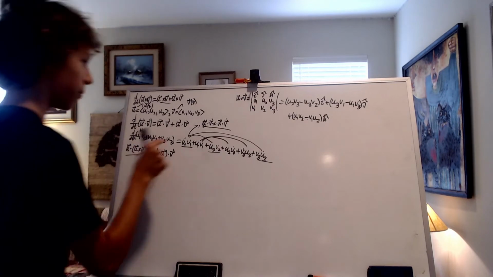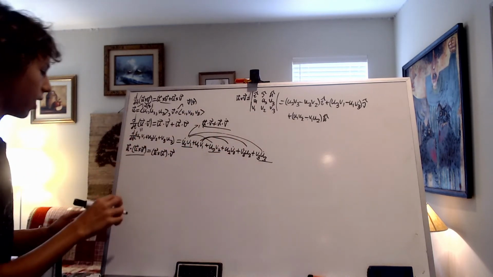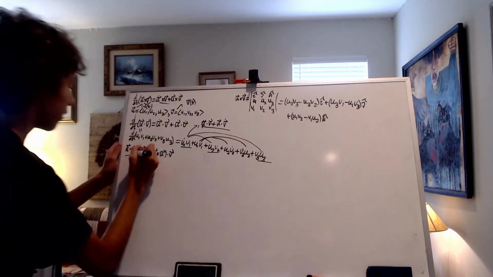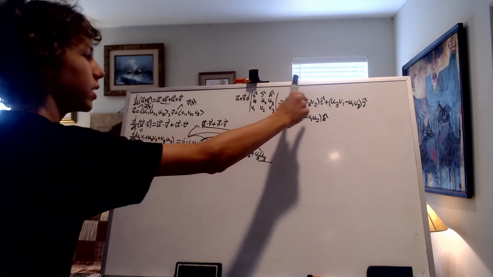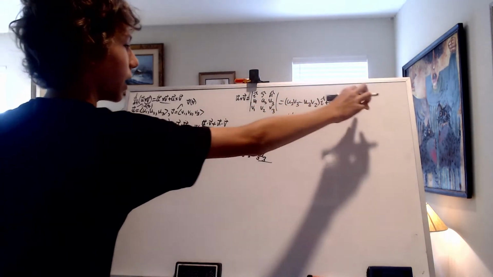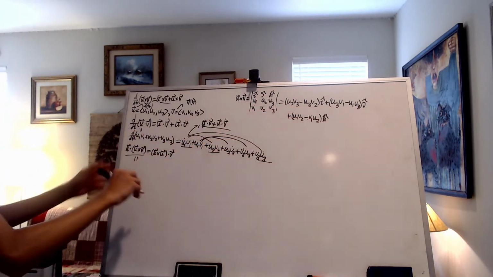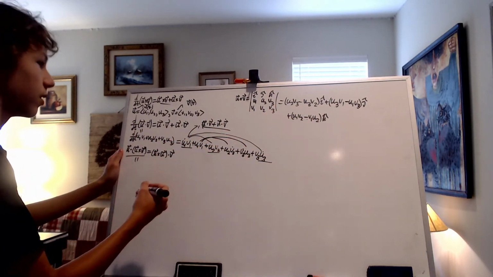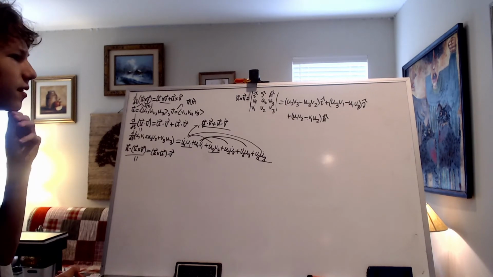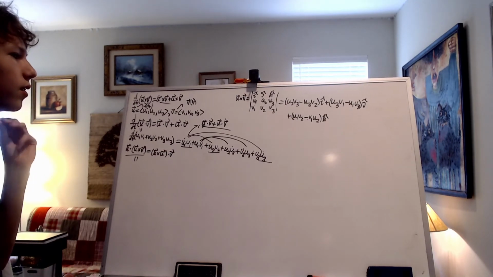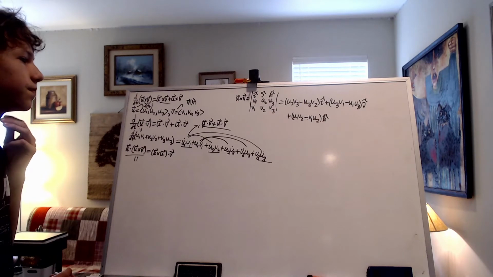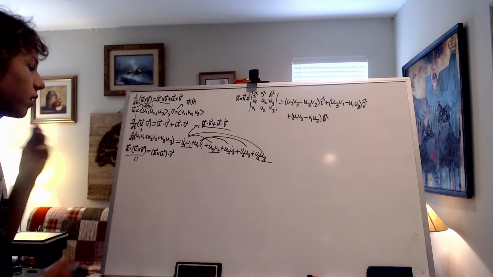Now we just take the dot product of this with k, the vector k. So what does this become? Well, we just replace the i, j, and k with the components of k respectively. I'm not going to expand it out.